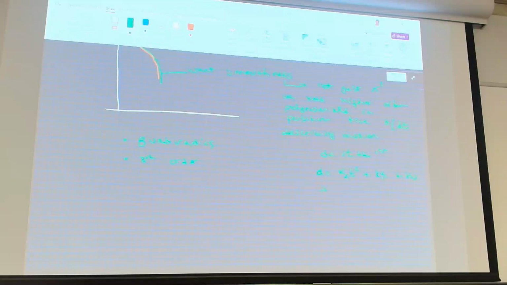I can also say that D is equal to K3T cubed plus K2T squared plus K1T plus K0.